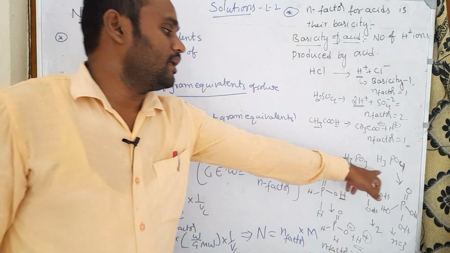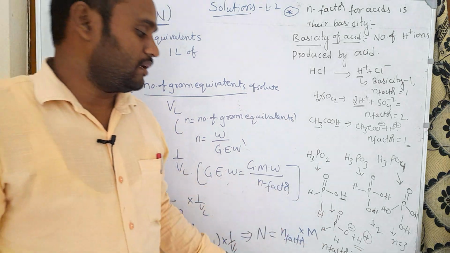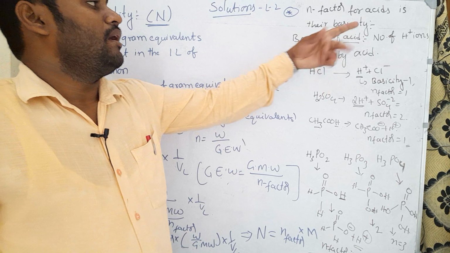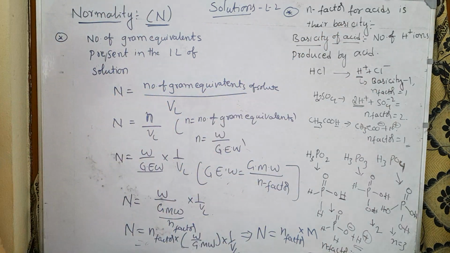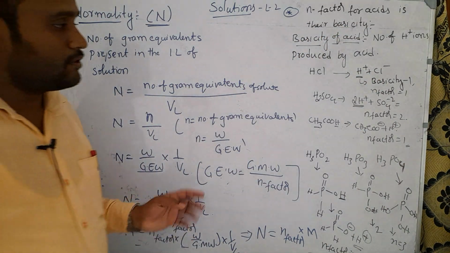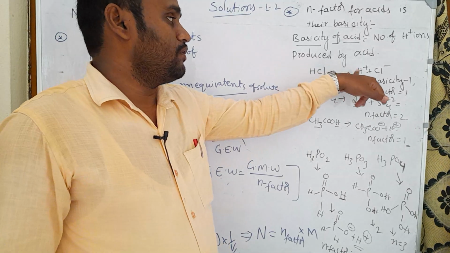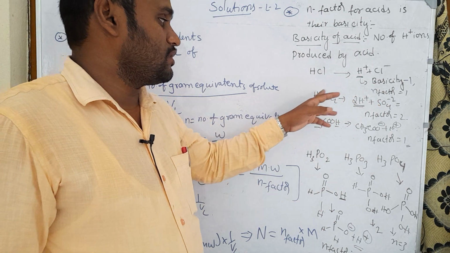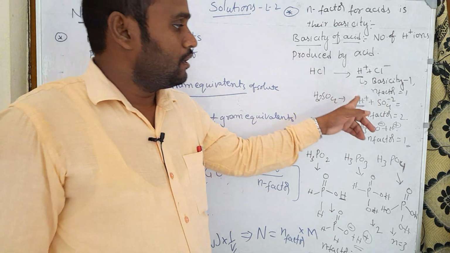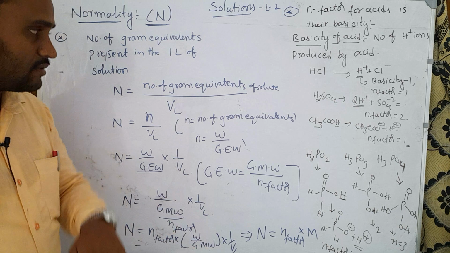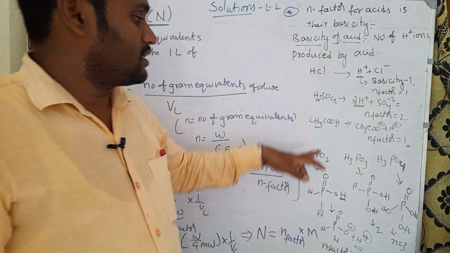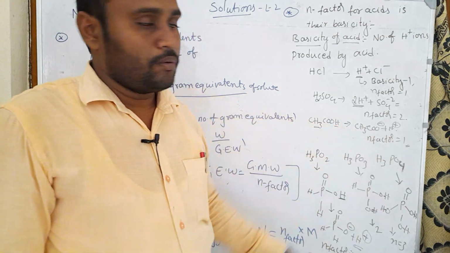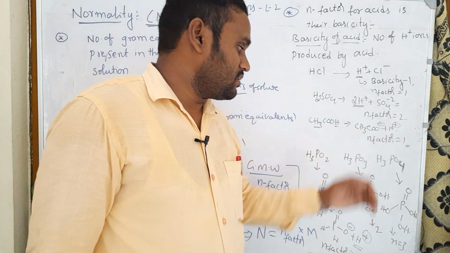Even though all these contain 3 hydrogens, their n factor is different. Why? Because the n factor for acids is nothing but the number of H plus ions produced by an acid. This acid produces only 1 H plus ion, so its n factor is 1. Sulfuric acid produces 2 H plus ions, so its n factor is 2. Acetic acid, even though it contains 4 hydrogens, produces only 1 H plus ion, so its n factor is 1.